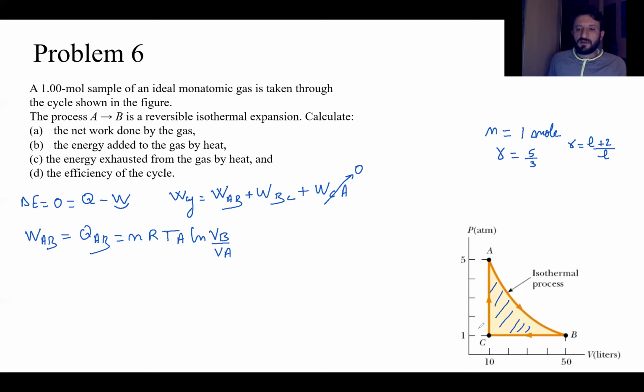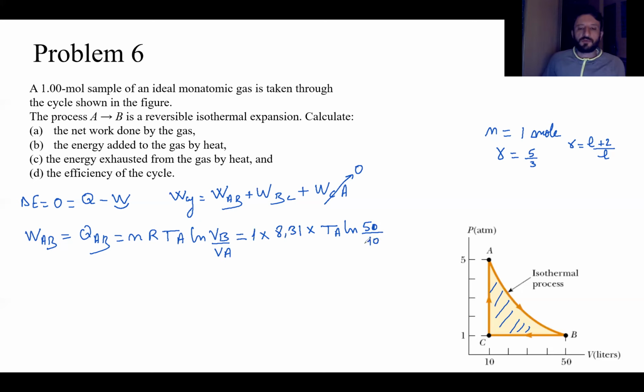We have VB, we have VA, because VA equals VC. We can calculate omega AB equals n times R equals 8.31 times TA, I don't have the value of TA, or TB, times ln VB equals 50 divided by VA equals 10.